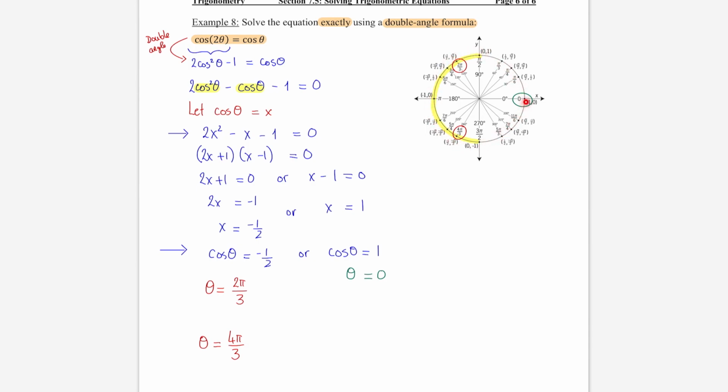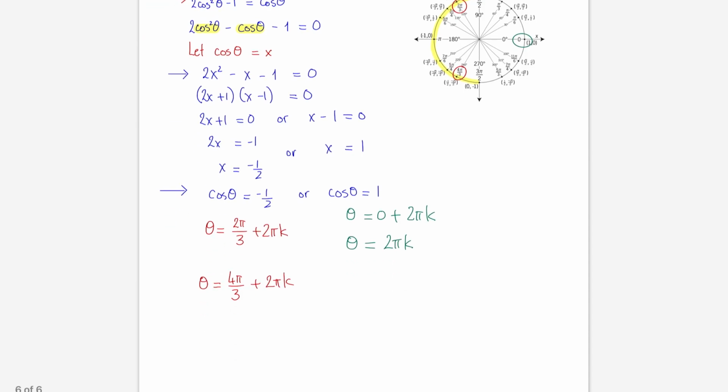Cosine of 2 pi is 1. Cosine of 4 pi is 1. Cosine of 10 pi is 1. So from here, I need to add 2 pi k. So basically, theta is 2 pi k. The same thing with 2 pi over 3 and 4 pi over 3. And make sure that k is an integer.